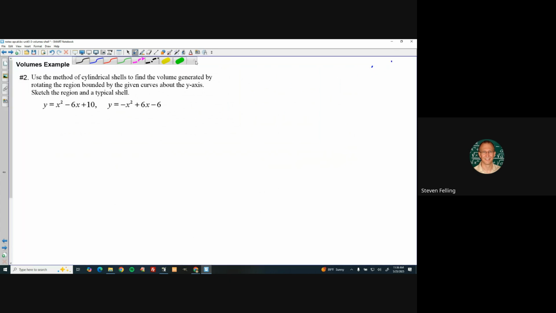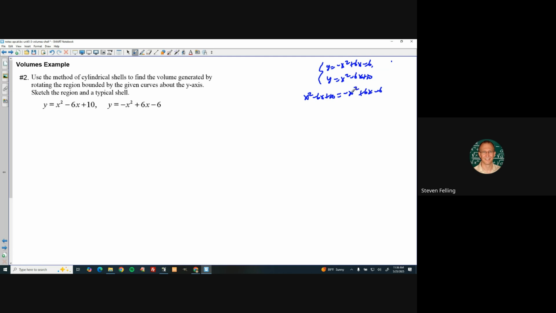So if you're doing this by hand, we can treat this as an intersection. We have y equals negative x squared plus 6x minus 6, and y equals x squared minus 6x plus 10. If we think of that as a system, x squared minus 6x plus 10 has to equal negative x squared plus 6x minus 6.